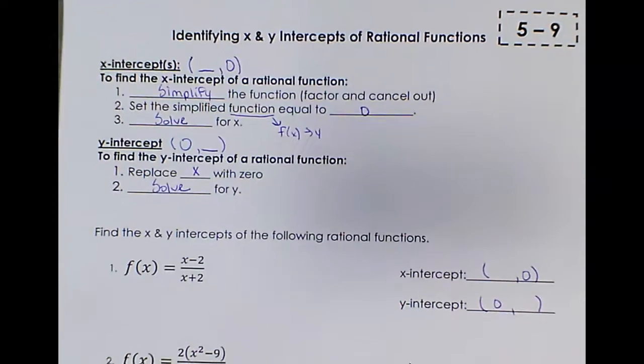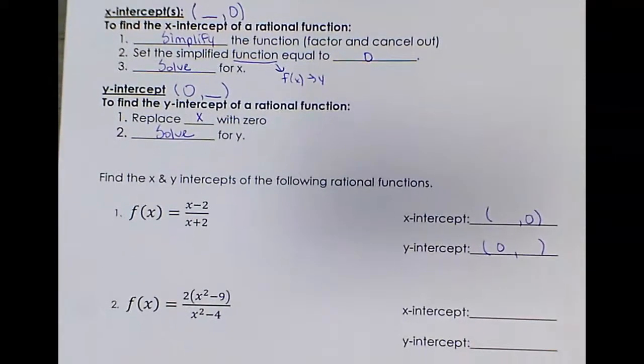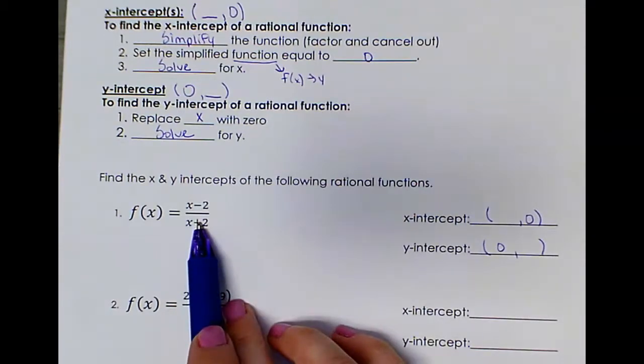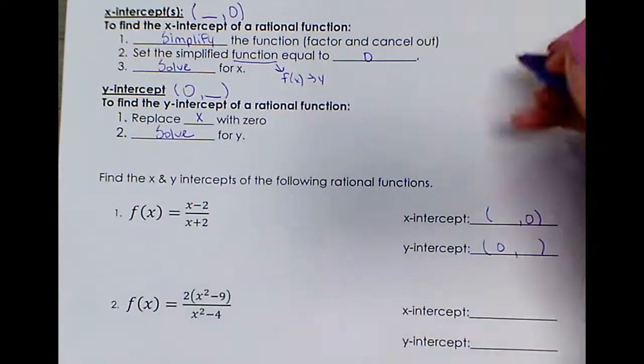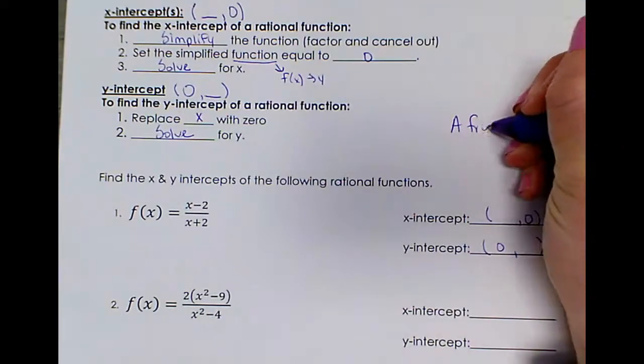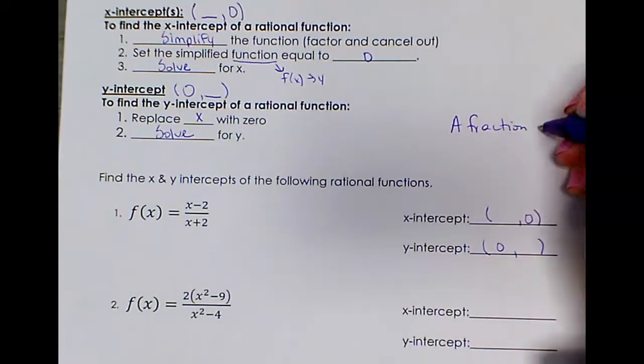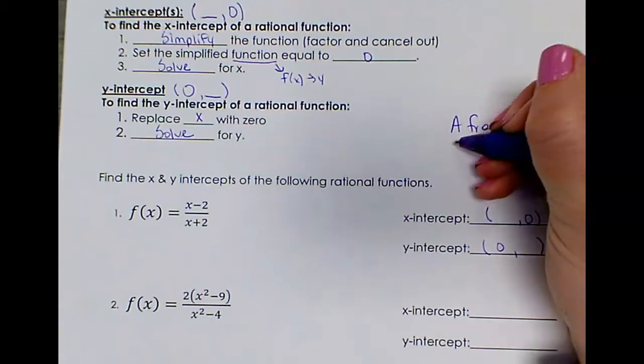So in number 1, I want to find the x and y intercepts of the following rational function. Well, if it's a rational function, I want you to keep in mind what makes a rational function, or a fraction, 0. Well, a fraction is 0 when the numerator is 0.